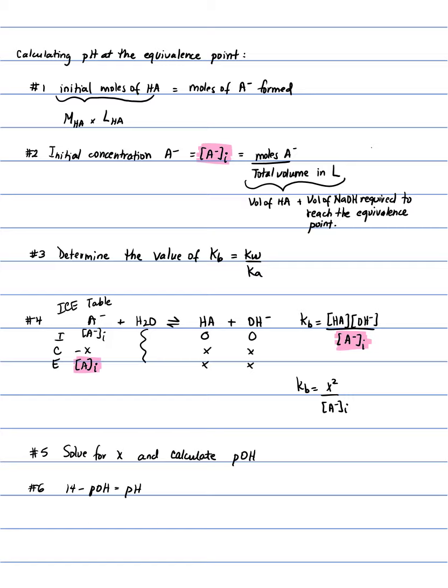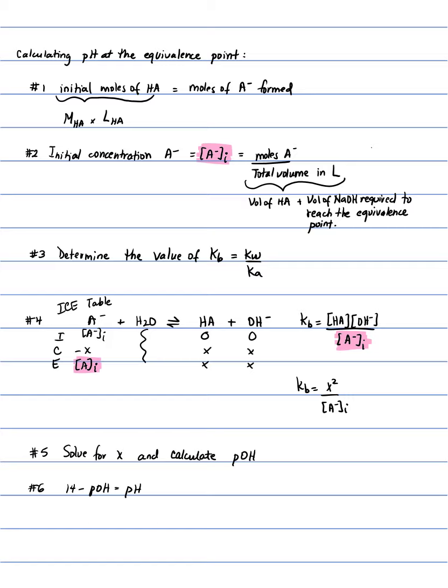Another thing that you have to do, if you're not given the Kb value to solve your ICE table, is calculate the Kb value. Kw is Ka times Kb. Kw at room temperature has a value equal to 1 times 10 to the minus 14.